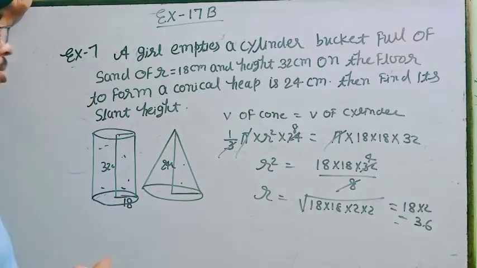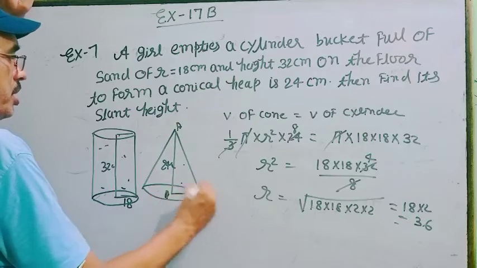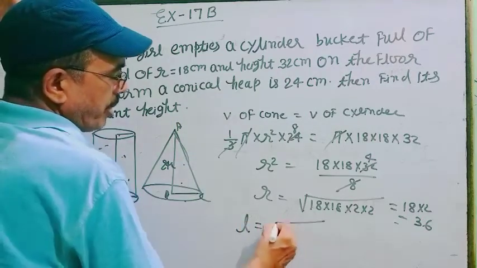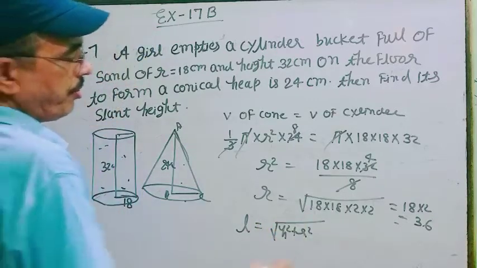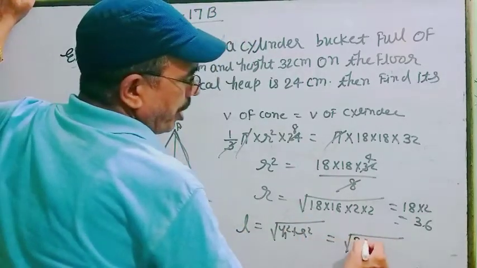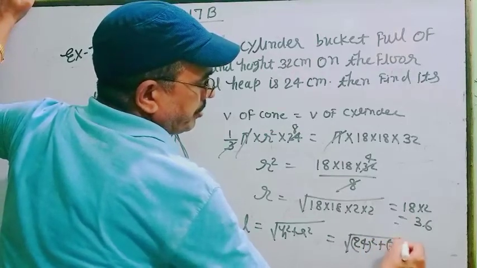After that, your question is not to find the radius. Your question is, what is the slant height of this cone? So slant height l is equal to root of h square plus r square. What is h? h is here 24 square plus r is 36 square.